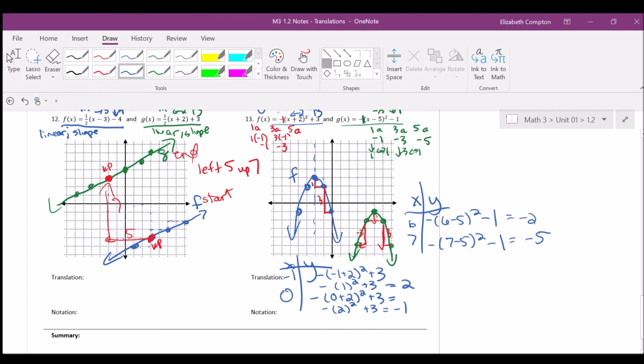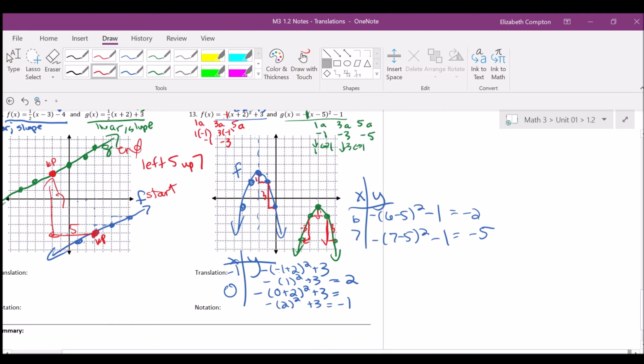All right, so let's fill in the bottom. Okay, so what was the translation? The translation from F to G, I went over 1, 2, 3, 4, 5, 6, 7, down 1, 2, 3, 4. So the translation is left 7, down 4.